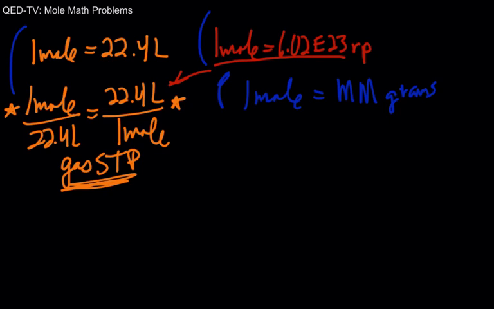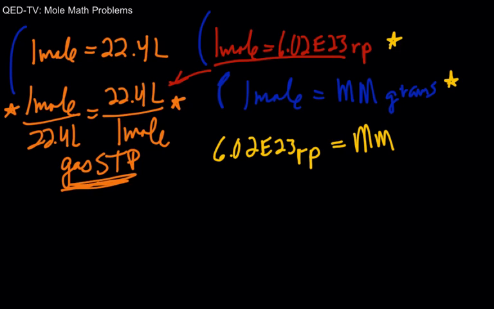You'll notice, if you think about it here, that technically there are some that we could combine. So I could combine this one and this one, and I could say 6.02 E23 representative particles should equal the molar mass of that substance.